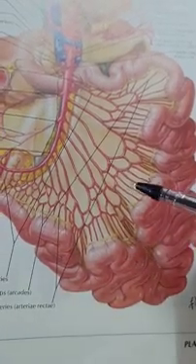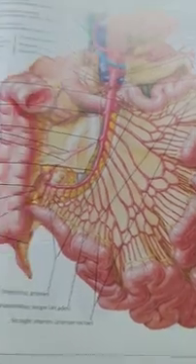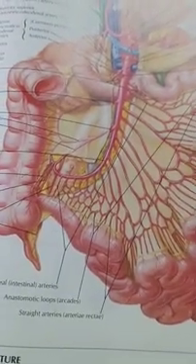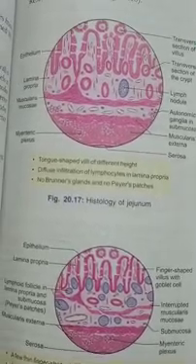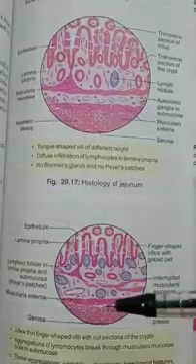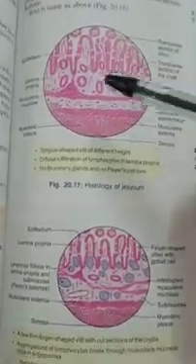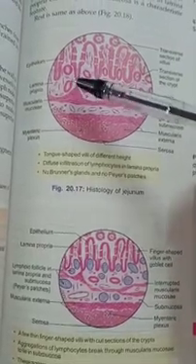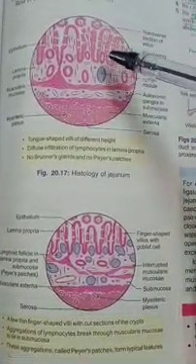Coming to the microscopic histology, we can see in the mucosa, this is the microscopic view of the jejunum, and here comes the ileum. As we said for the duodenum, the mucosa contains small finger-like projections known as villi.